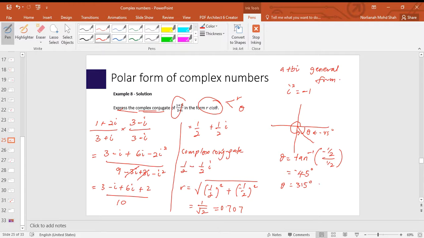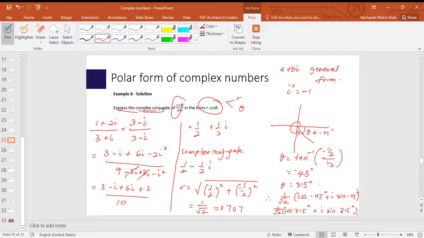It's okay whether you give your final answer in terms of the reference angle or the original theta. So the final answer is 1 over square root of 2 cos negative 45 degrees plus i sine negative 45 degrees, or 1 over square root of 2 cos 315 degrees plus i sine 315 degrees.